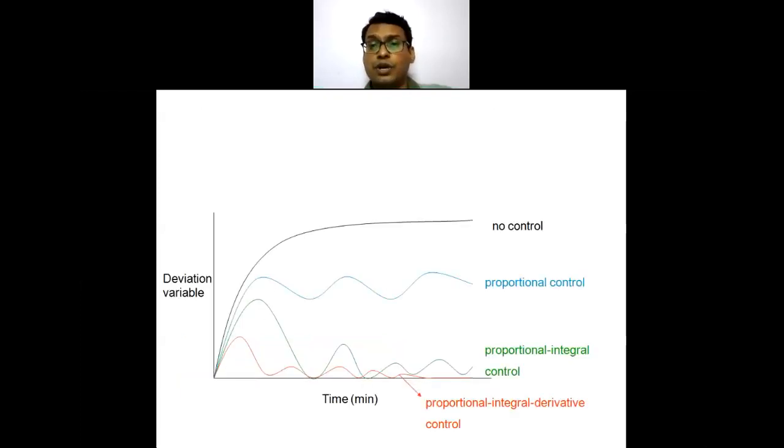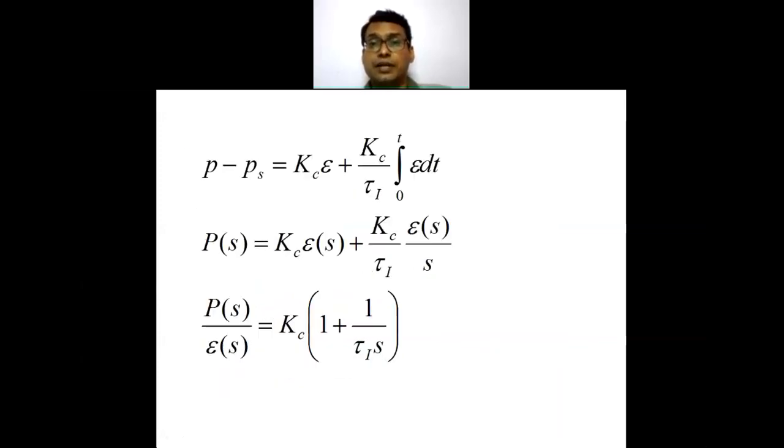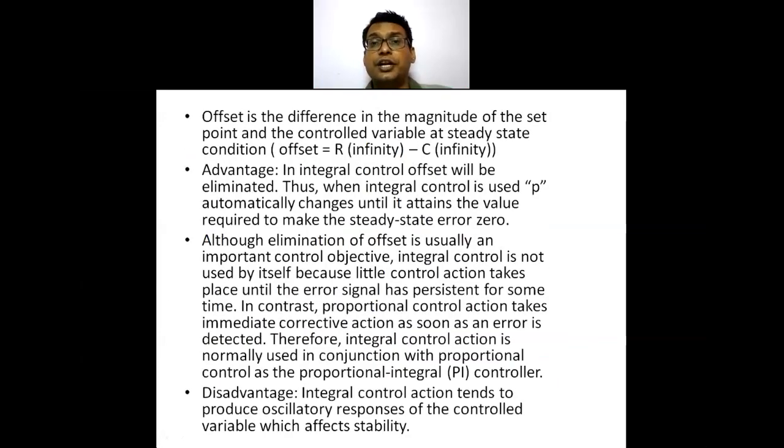And so if no controller is used, then there is a lot of deviation, a lot of offset. Offset is nothing but the difference in the magnitude of the set point, that is R, and the controlled variable C at steady state condition. At steady state condition I have the fixed R value, R infinity, and C infinity, the controlled variable.